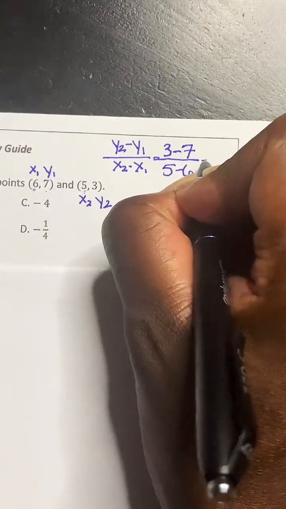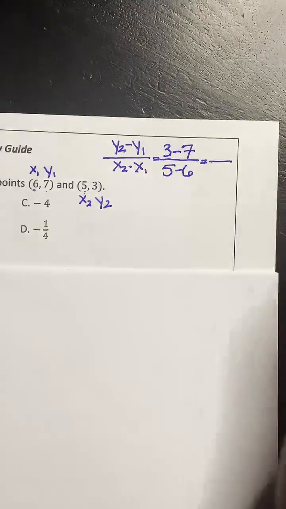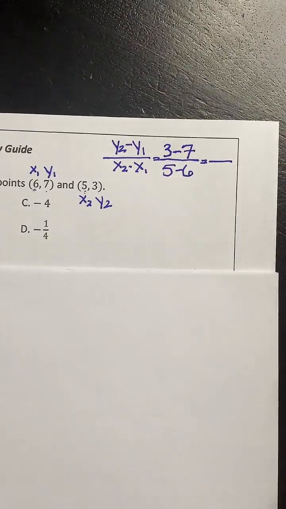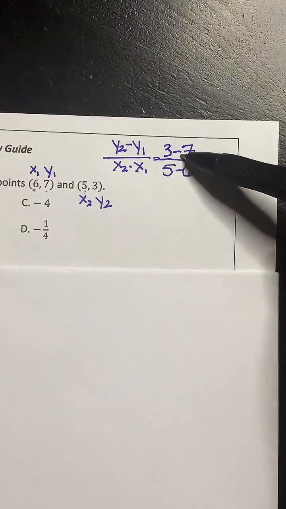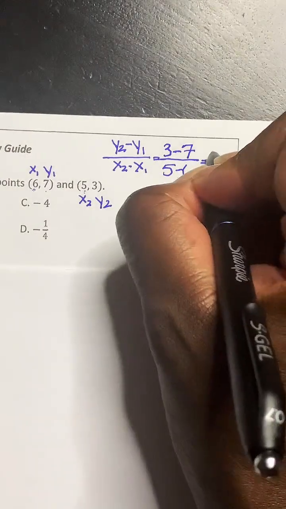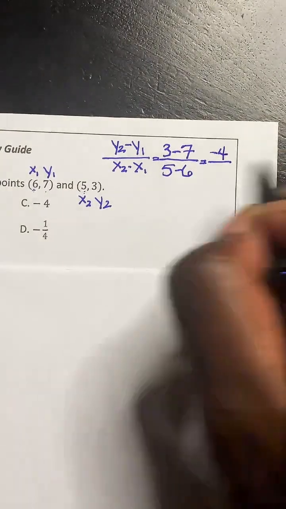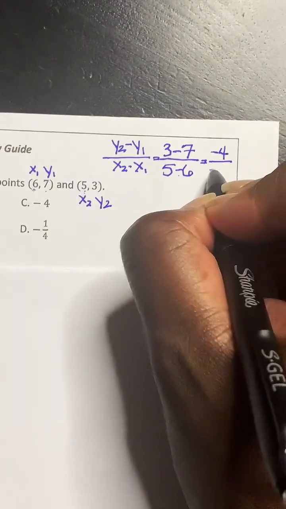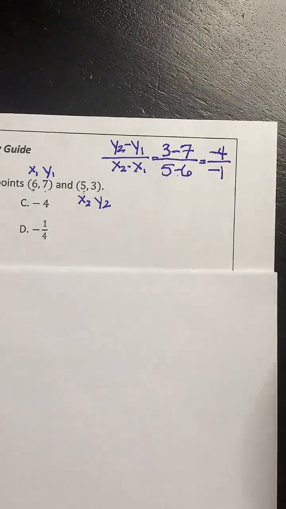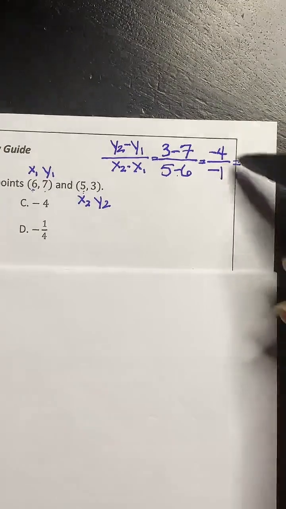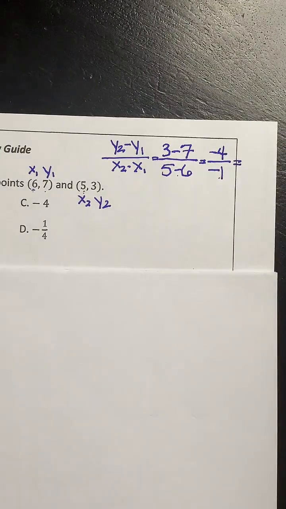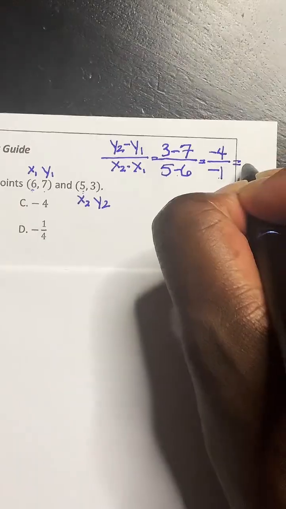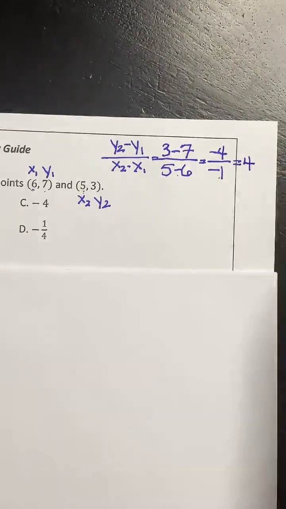Yeah, but Audrey's going to give me a negative number. I know. All right. So now 3 minus 7, that gives you a negative 4. And 5 minus 6, that gives you a negative 1. So a negative divided by a negative will give us a positive. So positive 4 over 1 or just 4.